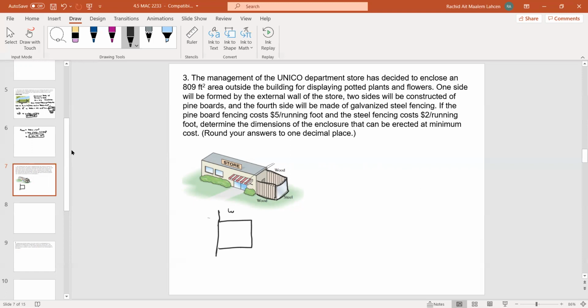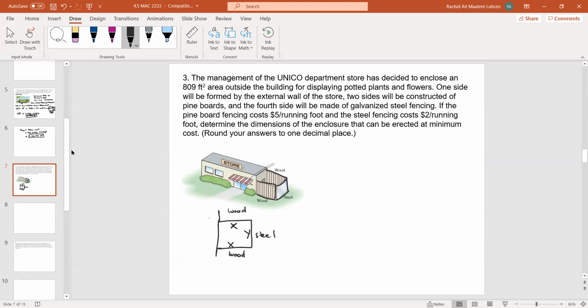Of course, this is the wood, and this is the wood, and this is the steel, and you can call this x and this y, and of course this will also be x.